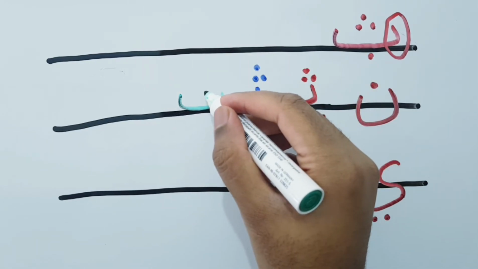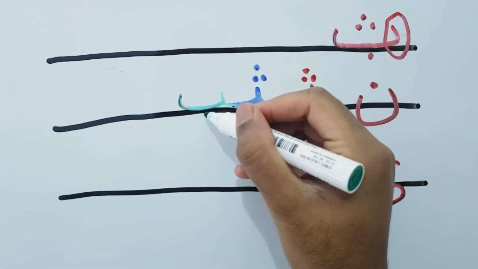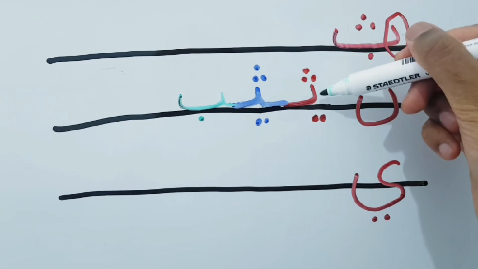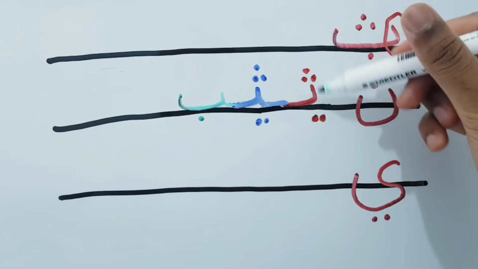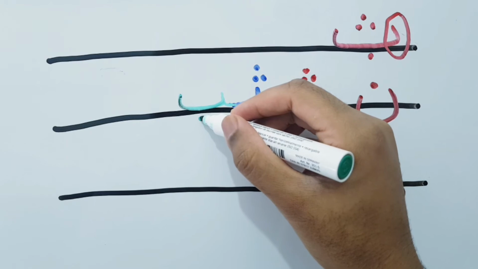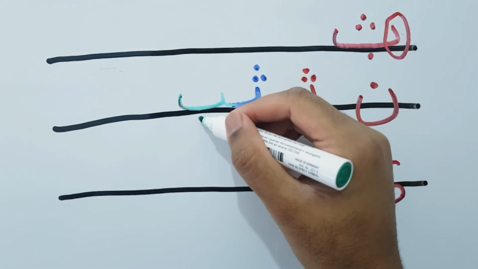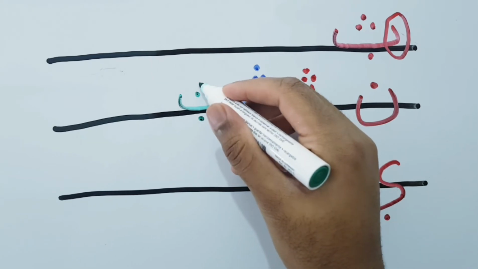And the dots here now, they are exactly the same as how they will be written individually. So the ba would go here. Notice how in the middle, the dots go on top of the spike or below the spike, this sinna or tooth. But in the end, it comes where it's in its original position. So ba would go here, ta would go here, and the tha would go here.